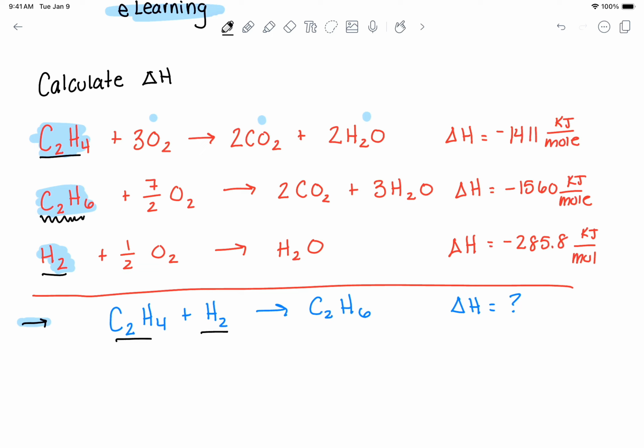C2H6, however, is on the reactant side in our thermochemical equation, but it's in the product side of the equation that we want to get to. So that means that our second equation has to be reversed. And remember, when we reverse, our delta H has to change signs.